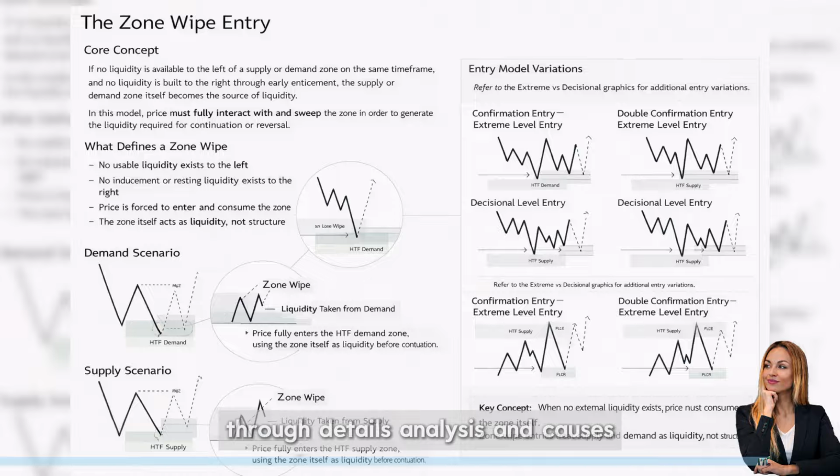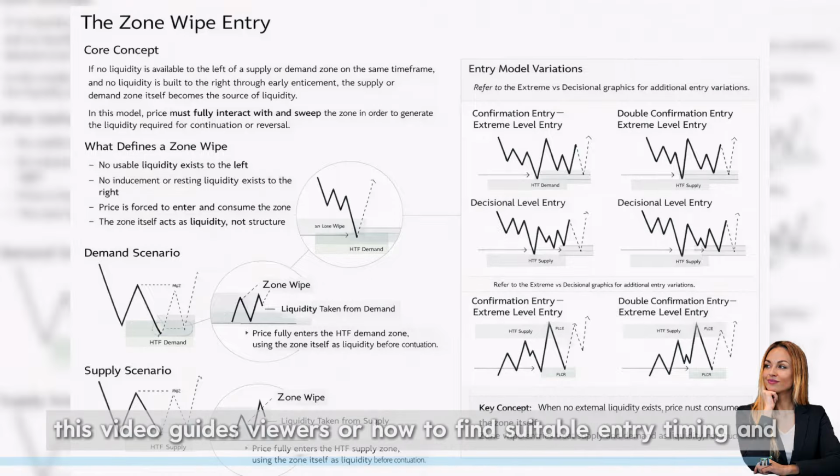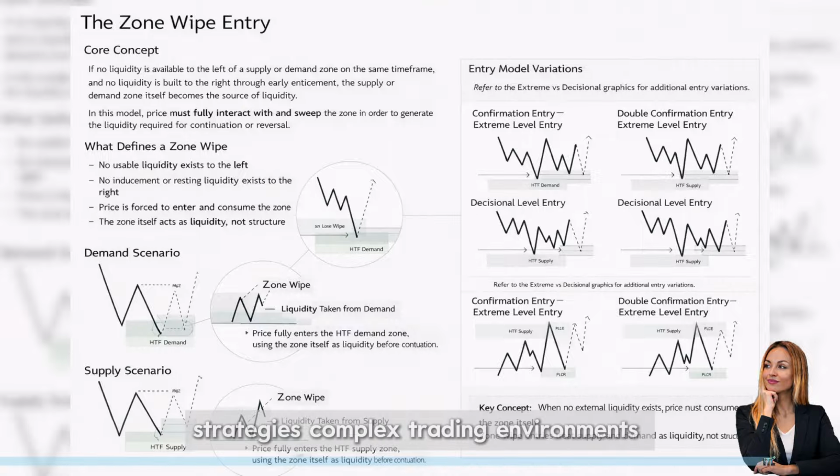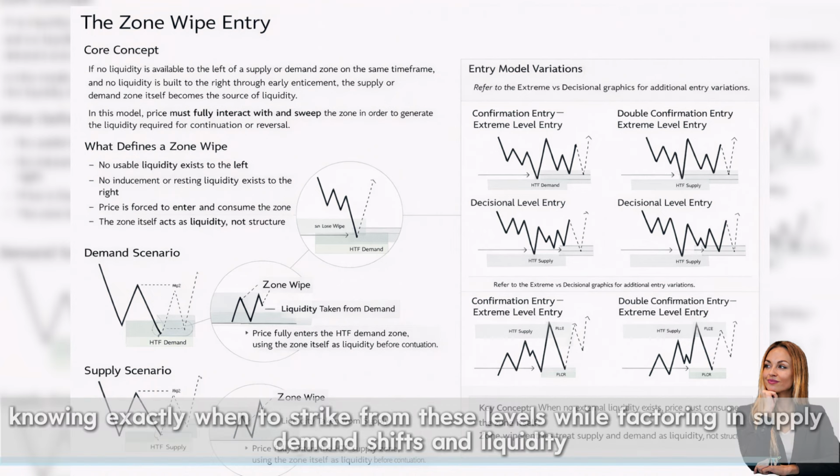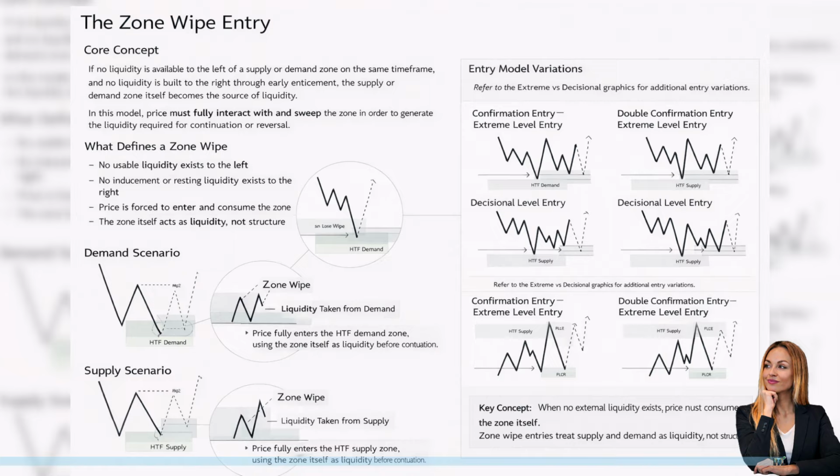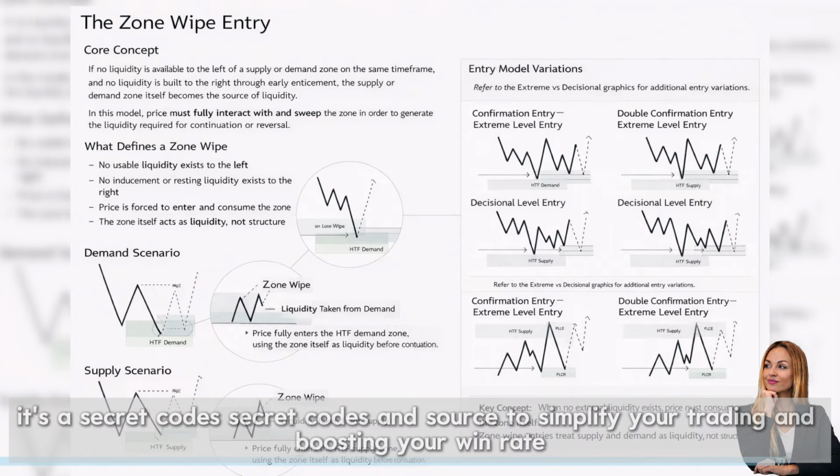Through detailed analysis and cases, this video guides viewers on how to find suitable entry timing and strategies in complex trading environments to improve trading efficiency. So overall, knowing exactly when to strike from these levels while factoring in supply-demand shifts and liquidity is the secret to simplifying your trading and boosting your win rate.